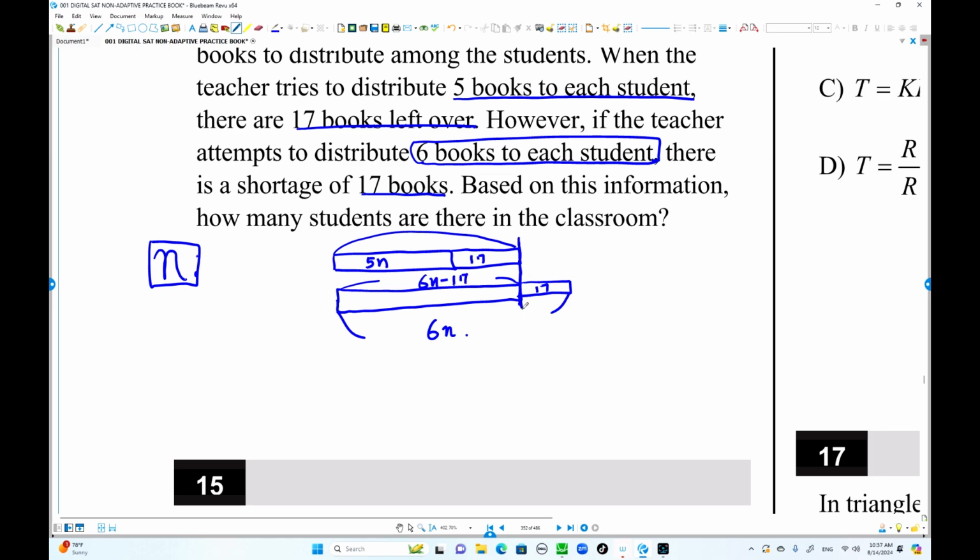So up to here, they're going to have the same number of books. So 6n minus 17 equals 5n plus 17. Okay? So minus 5n on both sides, that is n equals 17 plus 17, 34, right? That is the number of students. Okay? That's the answer.